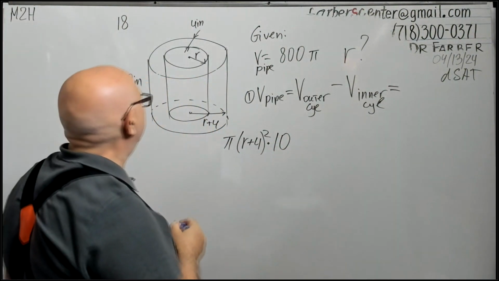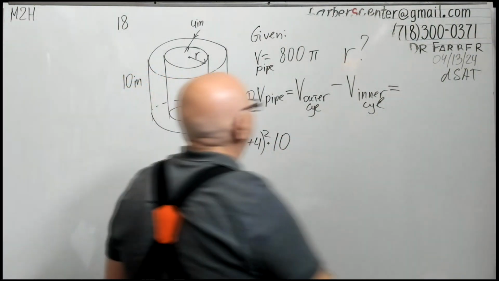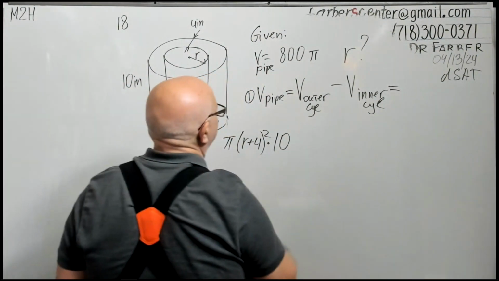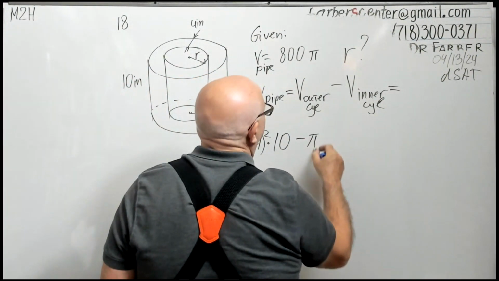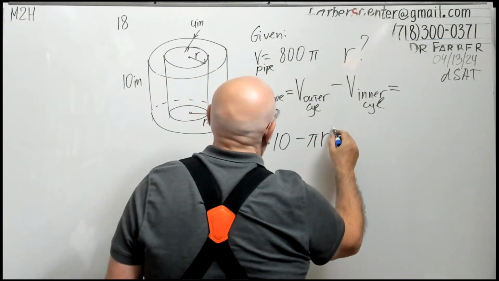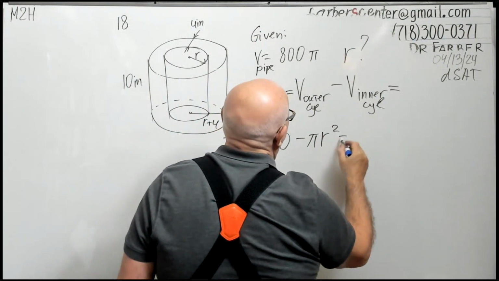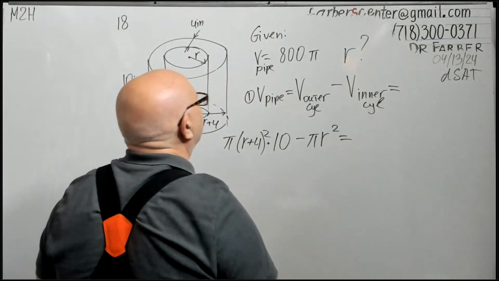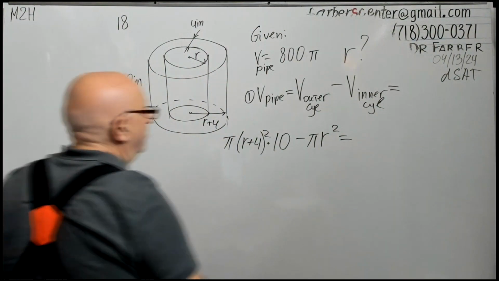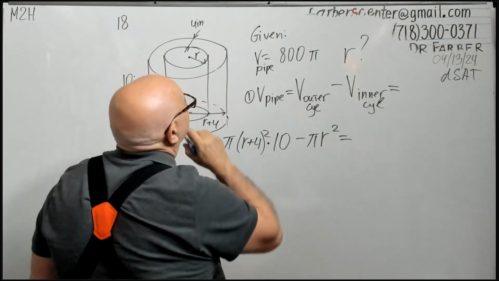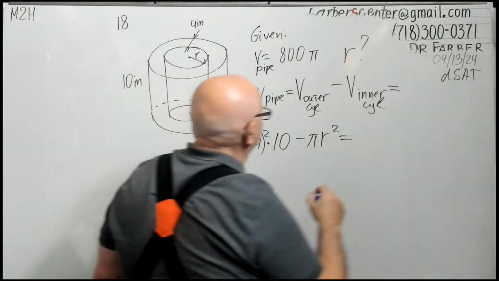Minus the volume of the inner cylinder, minus pi R squared times 10, and this equals 800 pi.